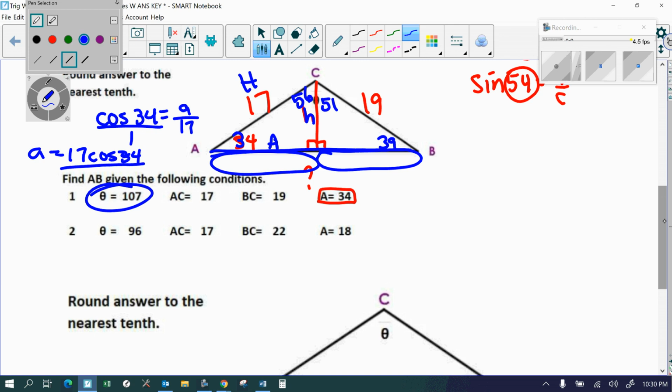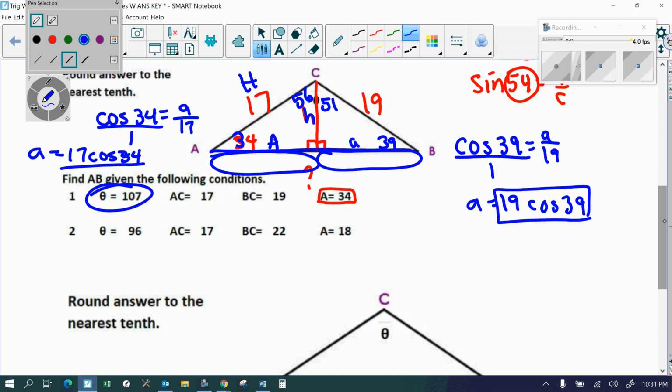We'll leave it right there now. I do the same thing on this side. If I call this A again, doesn't matter, or X, Y, whatever you want to call it. It's again the adjacent over the hypotenuse. So cosine of 39 equals A over 19. So this A equals 19 cosine 39.